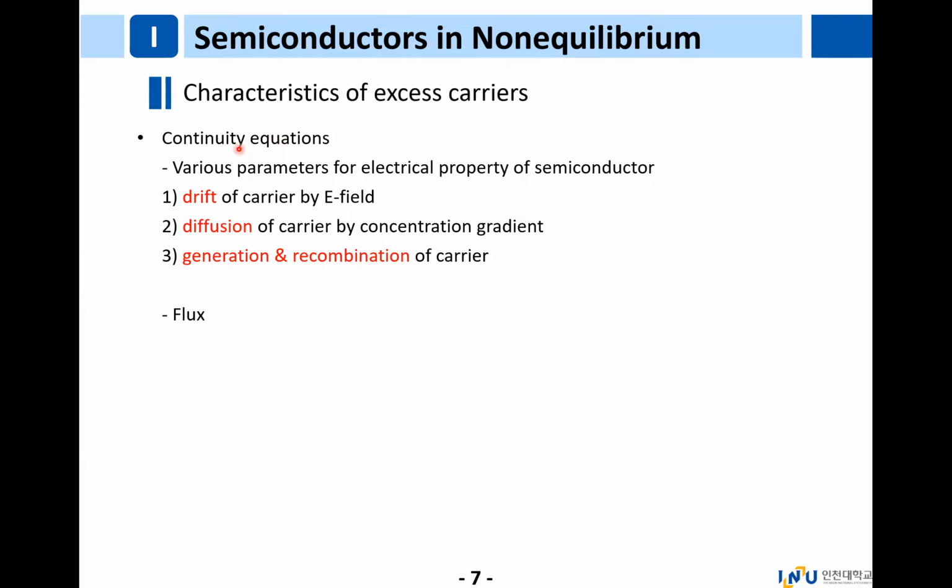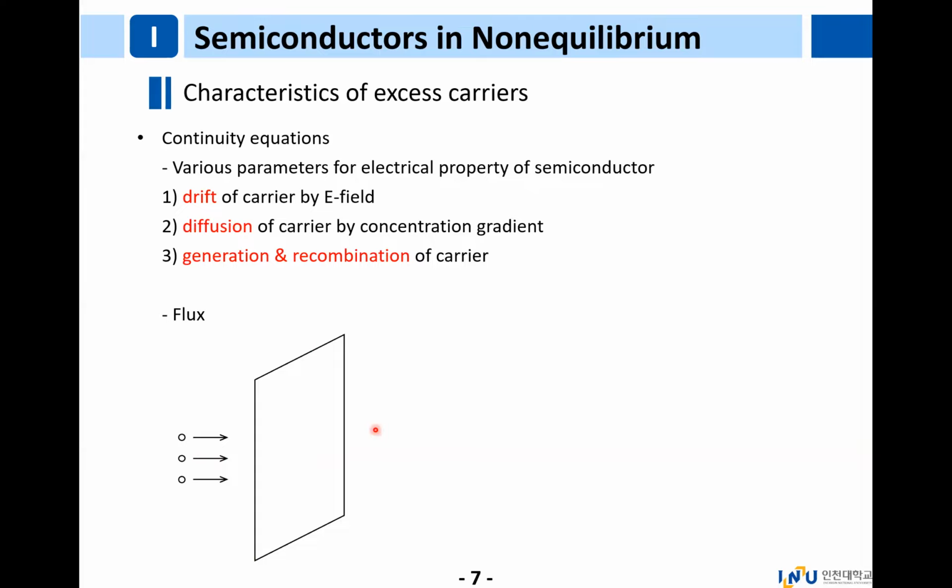But before that, let's examine what flux is. In a situation where particles are flowing, flux is defined as the number of particles passing through a unit area in a unit time.